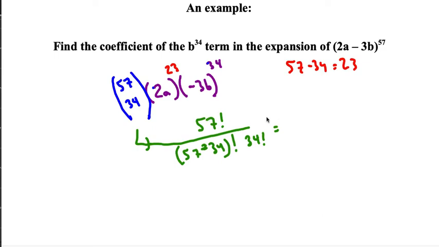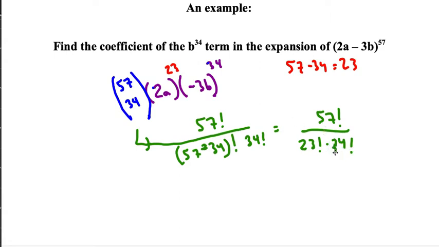So this ends up being 57 factorial over 57 minus 34 is 23 factorial times 34 factorial. You can figure out that number using your calculator pretty easily. But it works out to a rather large number.